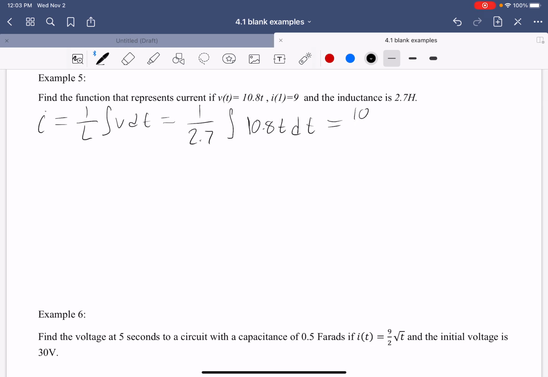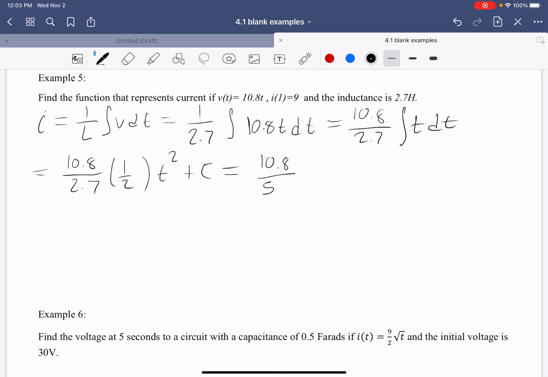I prefer the constants to go out front. And when we reduce that fraction, we're going to end up with 2t squared plus c is the current function.